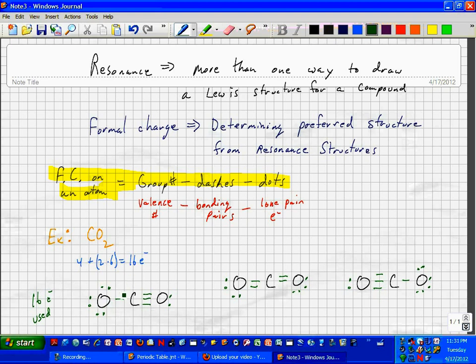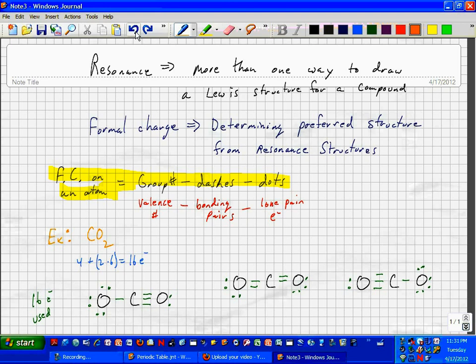Now that's very similar to this, but it's not the same, because this is like oxygen 1, if you could number them, and this is oxygen 2. In this case, I've got a single bond between oxygen 1 and carbon. Over here, I would have a triple bond between oxygen 1 and carbon. So they are different.